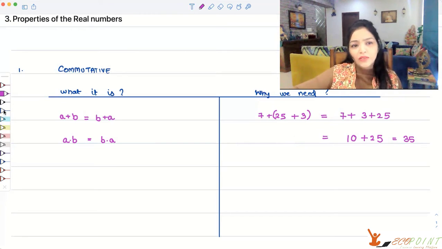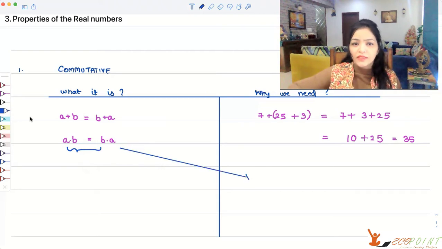Now, when we talk about A multiplied by B or B multiplied by A, it's the same thing. Ordering, again, does not make any difference. Let me just take an example for this one.